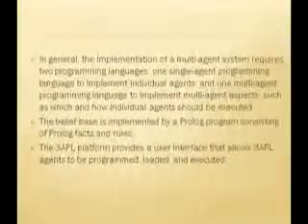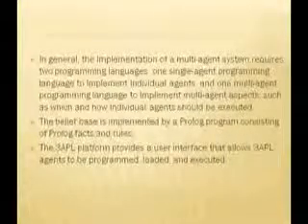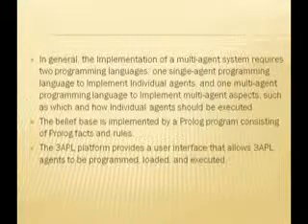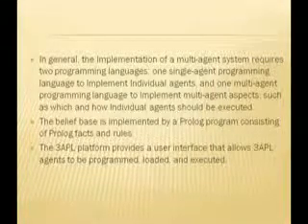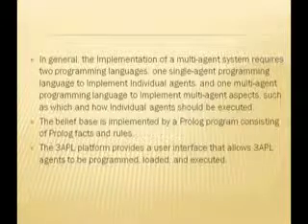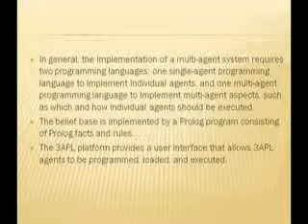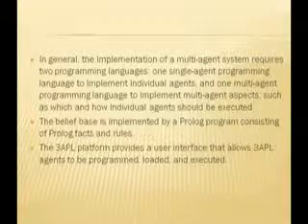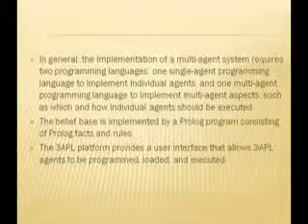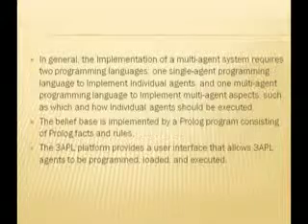And the implementation of a multi-agent system requires single-agent programming and multi-agent programming, such as which and how individual agents should be executed. And the 3APL platform provides a user interface that allows 3APL agents to be programmed, loaded, and executed in the given environment.